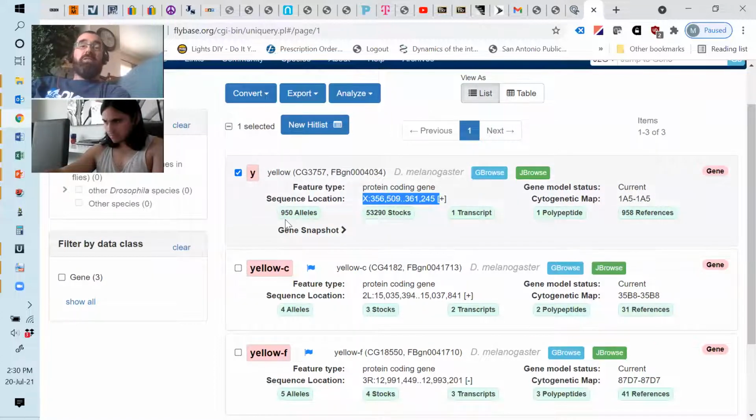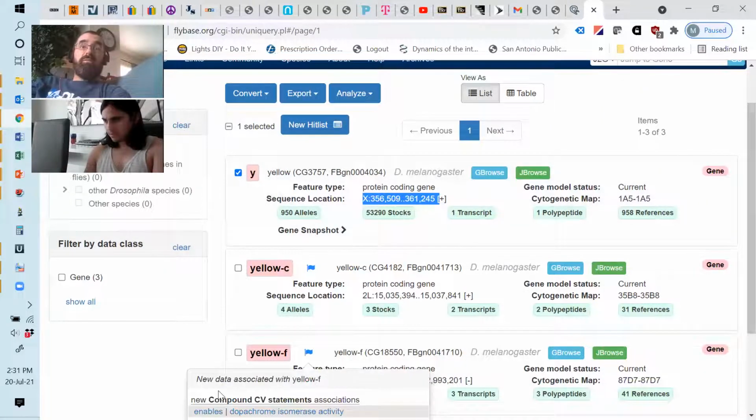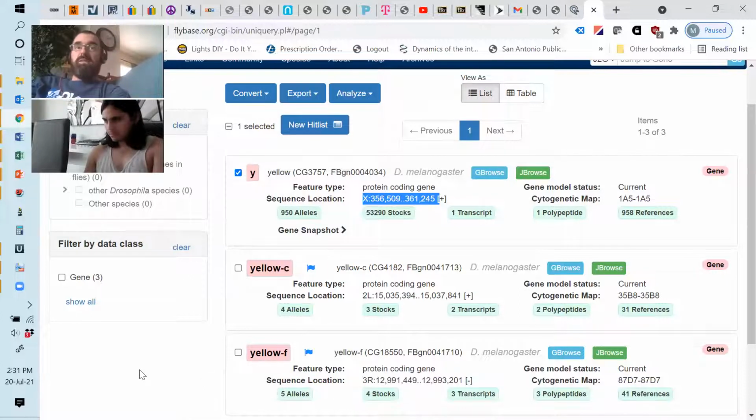It's also got 950 different alleles, right? So there are 950 different versions of the yellow gene available somewhere in the world for this one gene. In contrast, these two have 4 and 5, right, which is nice. It's obviously better than 0, but it's still not a lot.